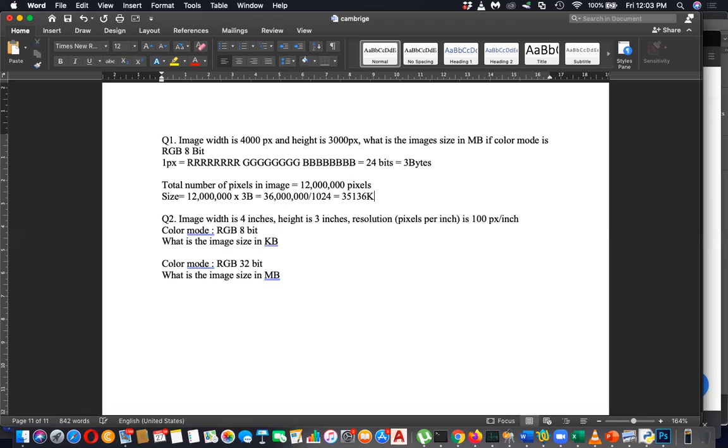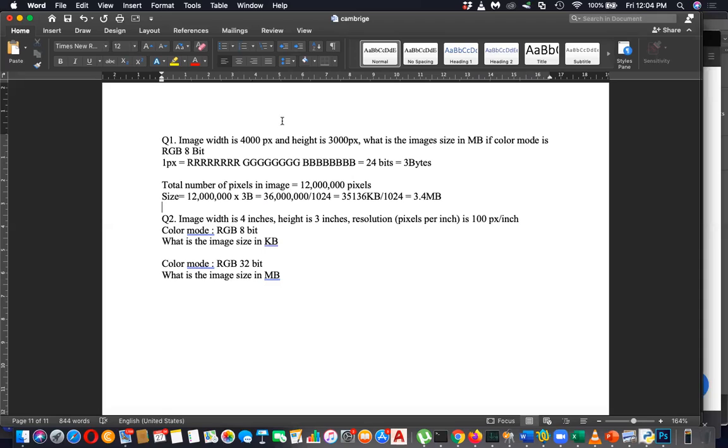That is in kilobytes. But what is the size in megabytes? You can divide again by 1024. Then you can find the value in megabytes, which is equal to 34. So that is the size of the image.